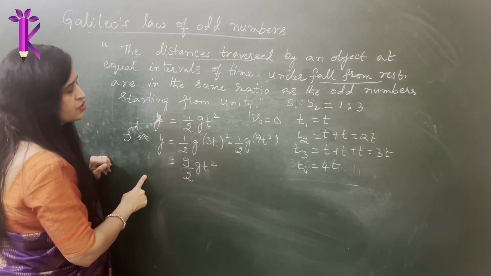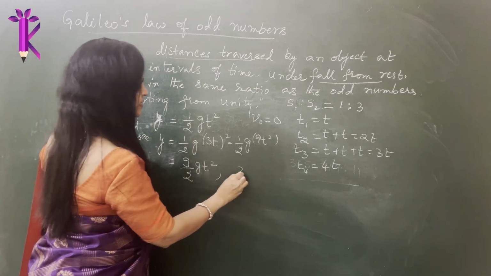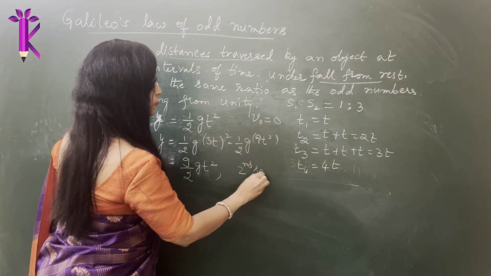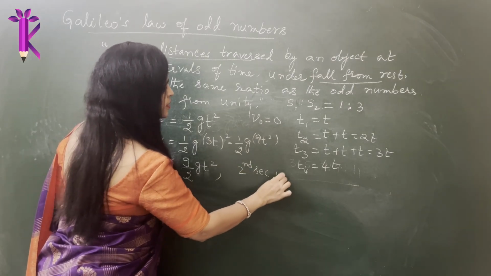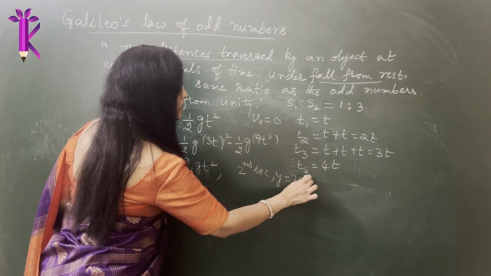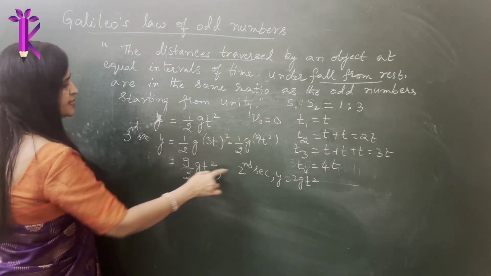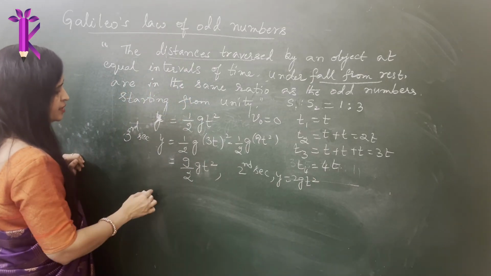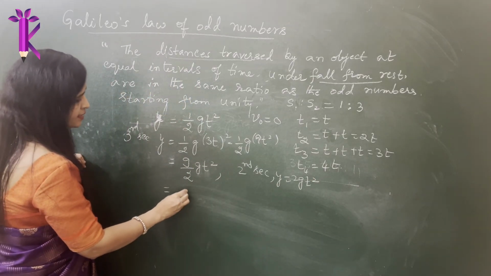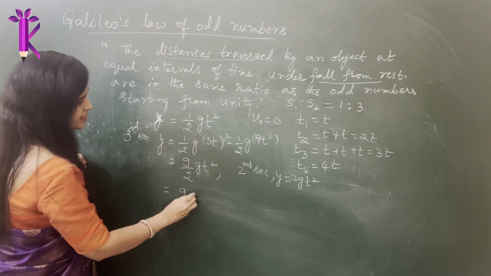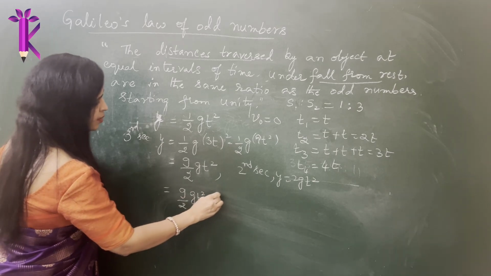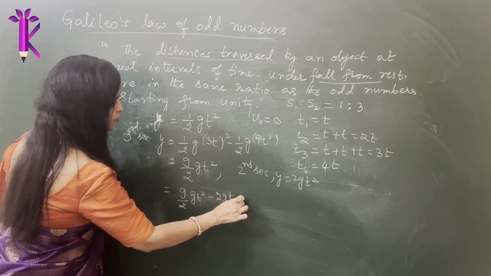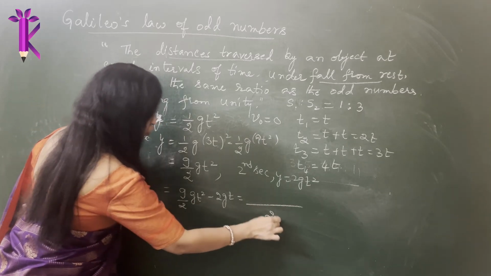Yes. So how much was it for the second? For the second, y was simply 2gt square. So what will be the distance traveled from the second to the third second? If we subtract, the third is 9 by 2 gt square minus 2gt square. Take 2 as the LCM.